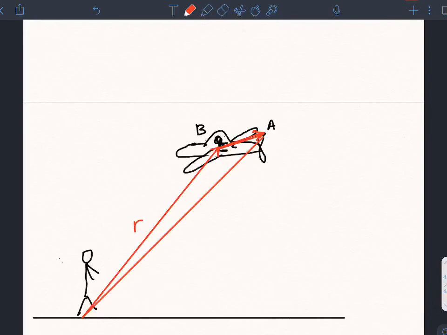So if this is B, the position of pilot B, if this is the position of the propeller, tip of the propeller, and this is going to be our A with respect to B.